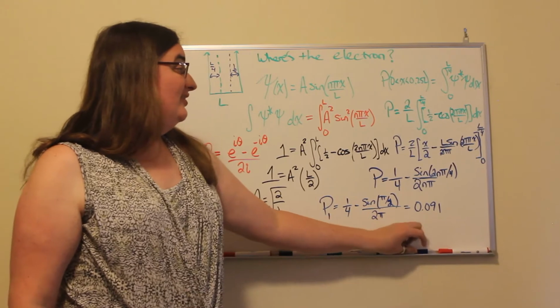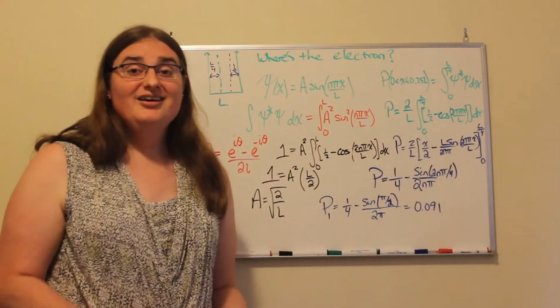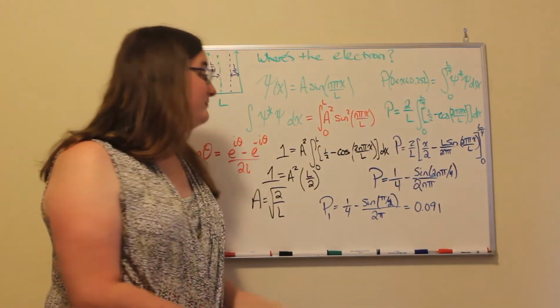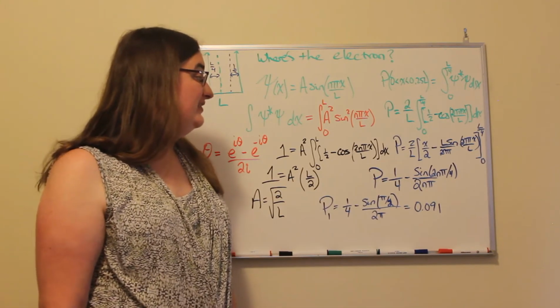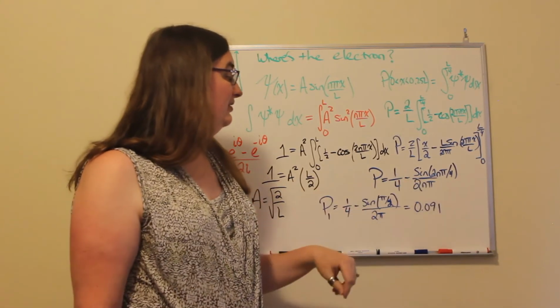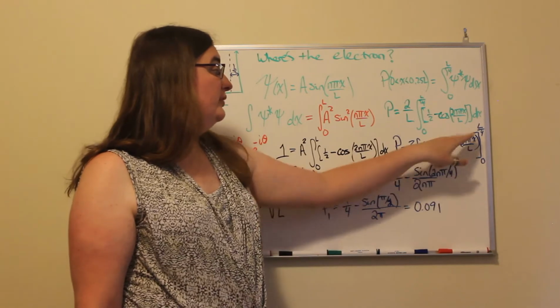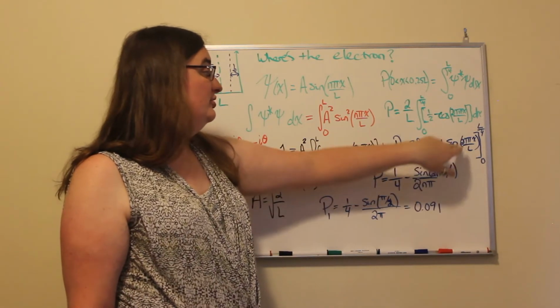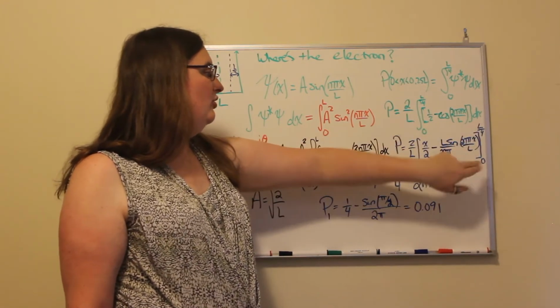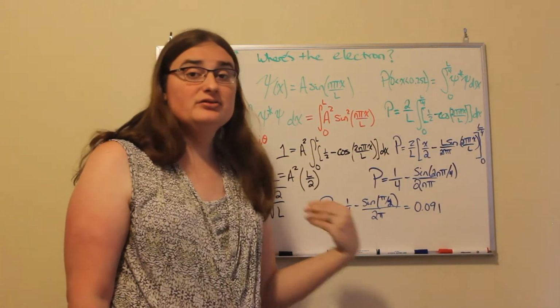Wow, it's been a long quarantine so far. So, I have minus 2n pi, and here is where I plug in L over 4, so the L over L cancels, and I get 2n pi over 4.